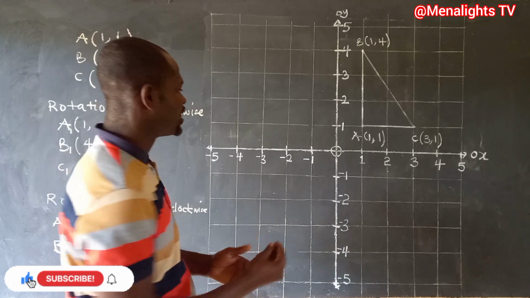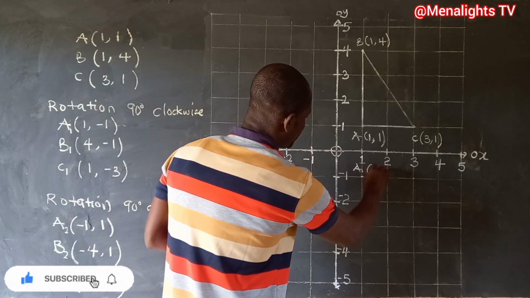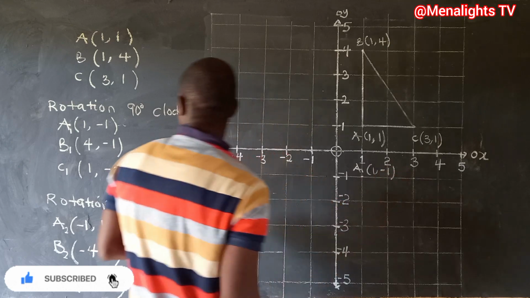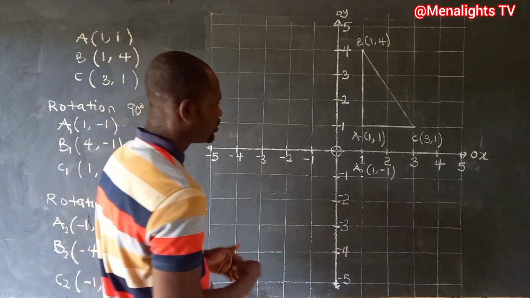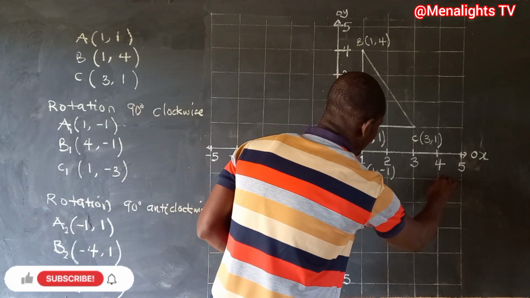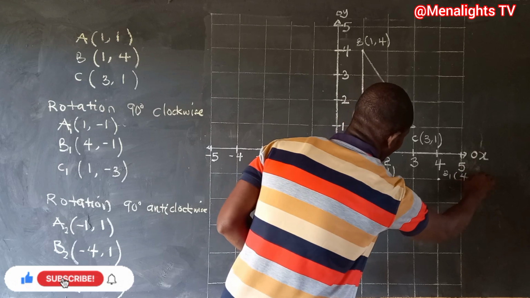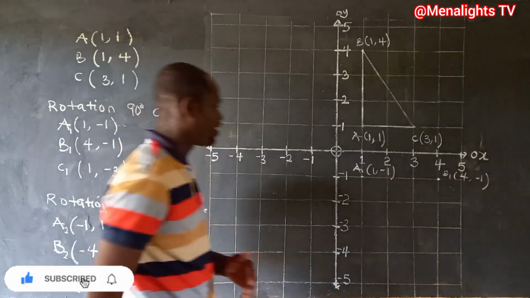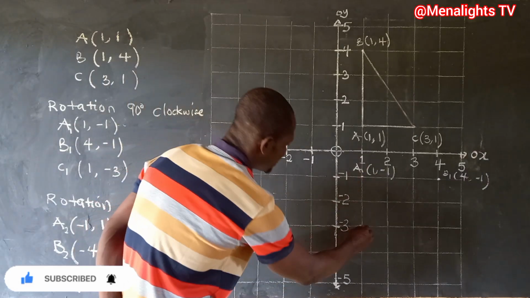A1, which is 1, -1, so you have A1 here, 1, -1. We have our B1, which is 4, -1. So 4, -1 here. And we have our C, which is 1, -3. So 1, -3.